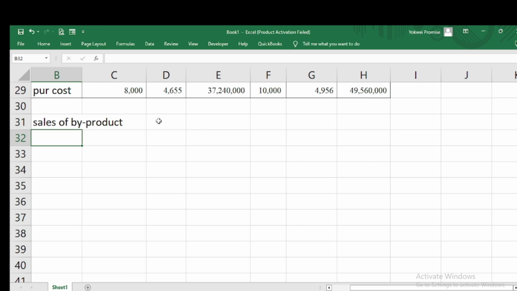Sales of byproduct. How many units are there? We have 500 units of byproduct, and then what's the price per unit? 16,000. Right. So this will be equal to the product of this and this.